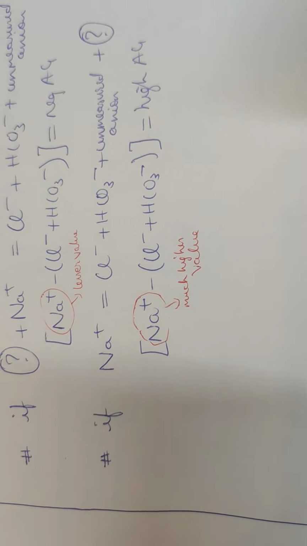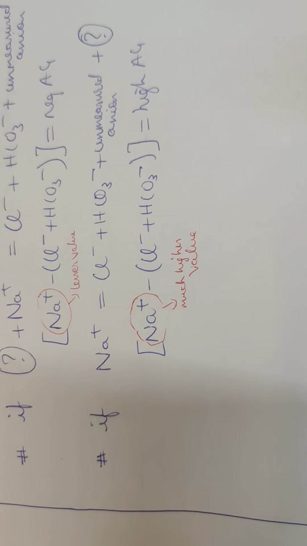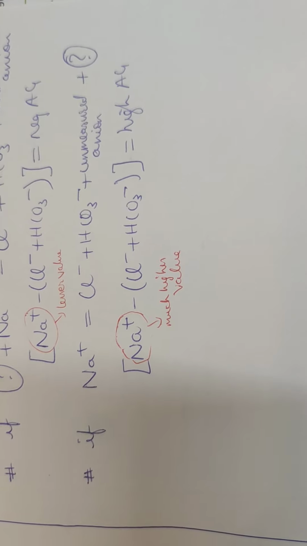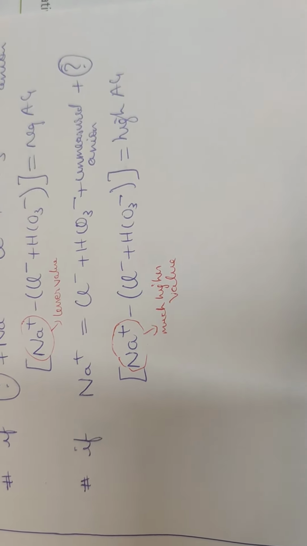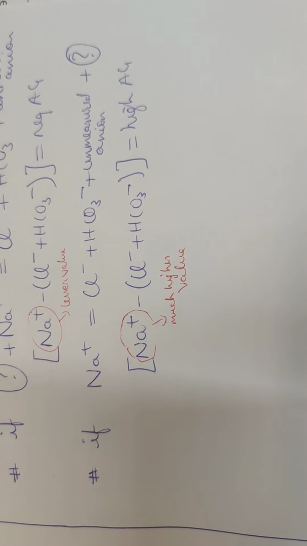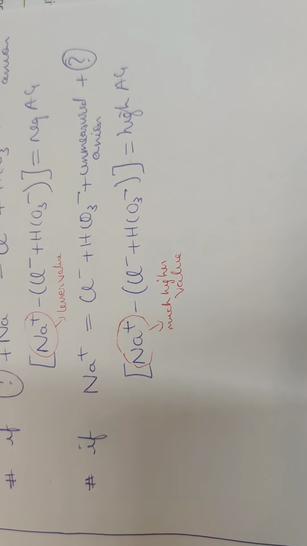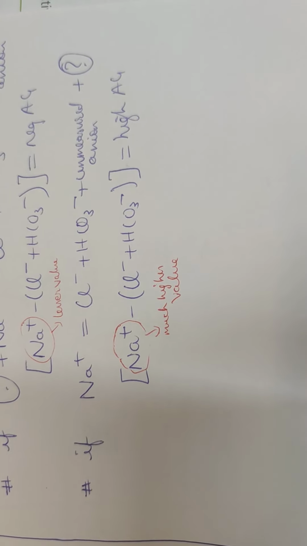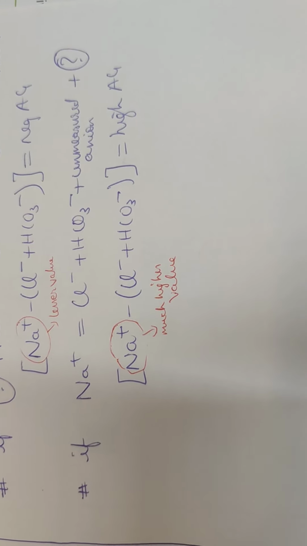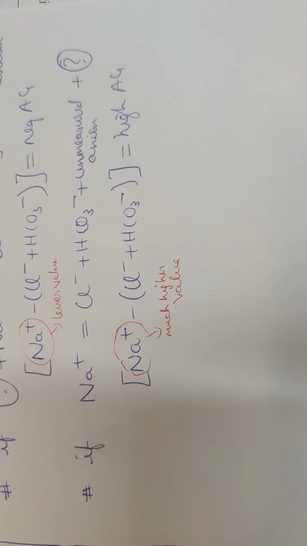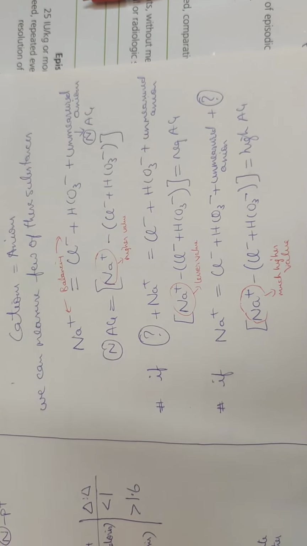Then the sodium will be more and it will try to balance out the chloride, bicarbonate, normal unmeasured anion plus the extra anion which has been added to the system. So sodium will be at a much higher value. Now if you subtract chloride and bicarbonate from sodium, you'll get a high anion gap. So mostly in lactic acidosis, you get a high anion gap acidosis. So that explains the anion gap.